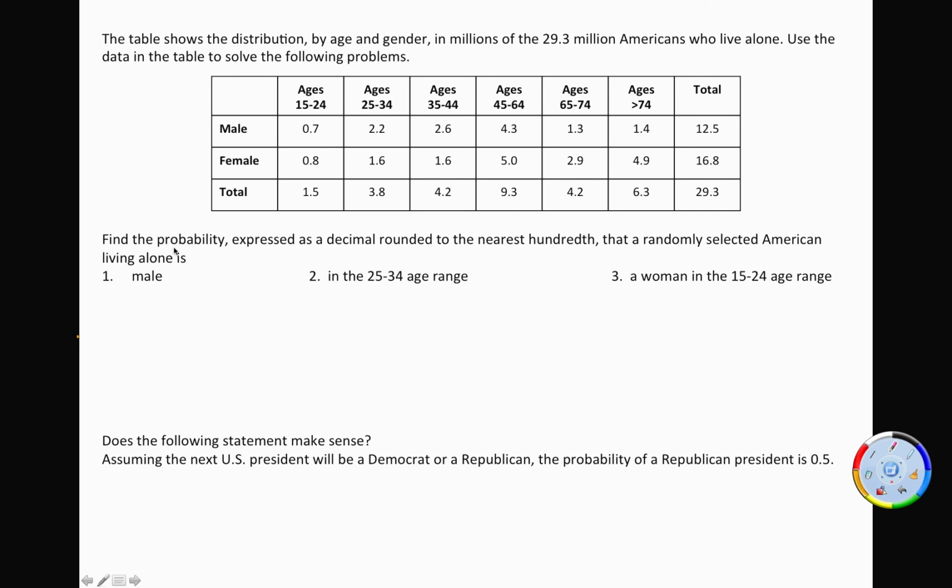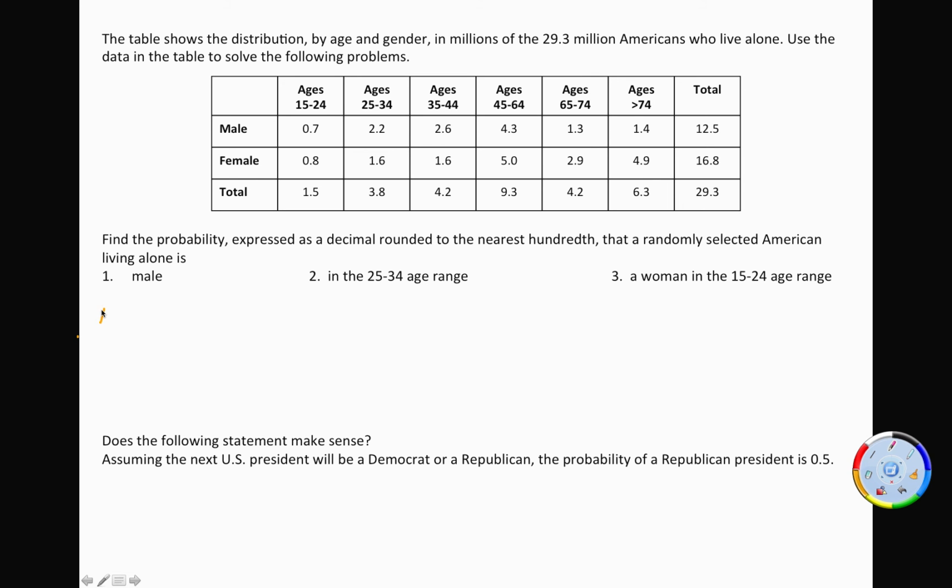So find the probability, expressed as a decimal rounded to the nearest hundredth, that a randomly selected American living alone is male. So I've got to go up here, and here's my row of males, right? I go all the way down to the total, because it doesn't say a male that's 15 to 24.